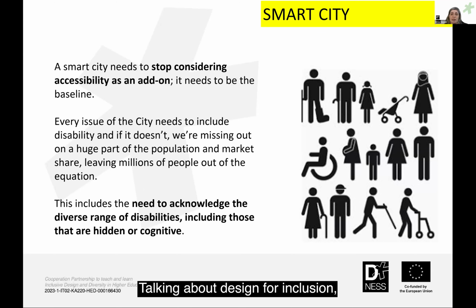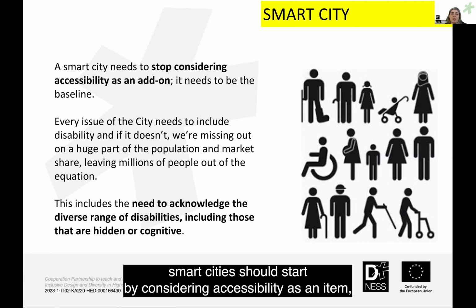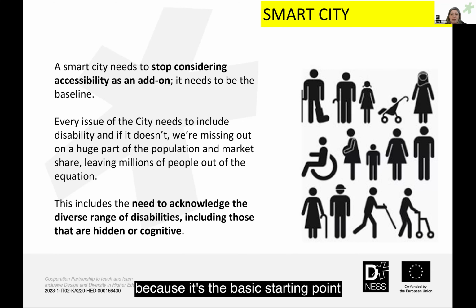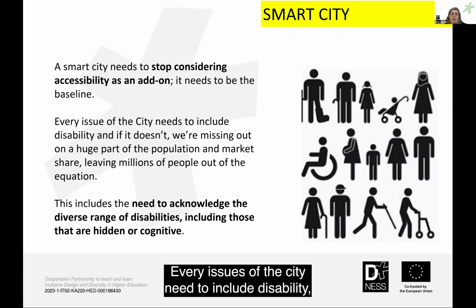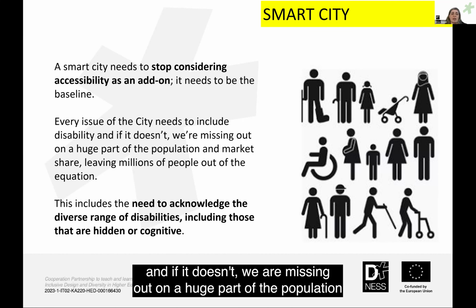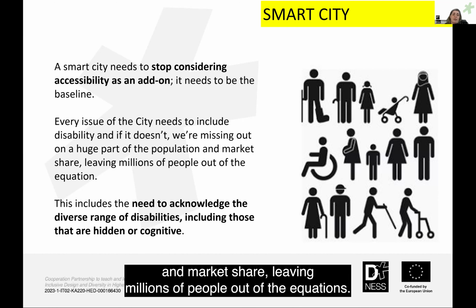Talking about design for inclusion, smart cities should stop considering accessibility as an add-on, because it's the basic starting point of the design of the city. Every issue of the city needs to include disability, and if it doesn't, we are missing out on a huge part of the population and market share, leaving millions of people out of the equation.